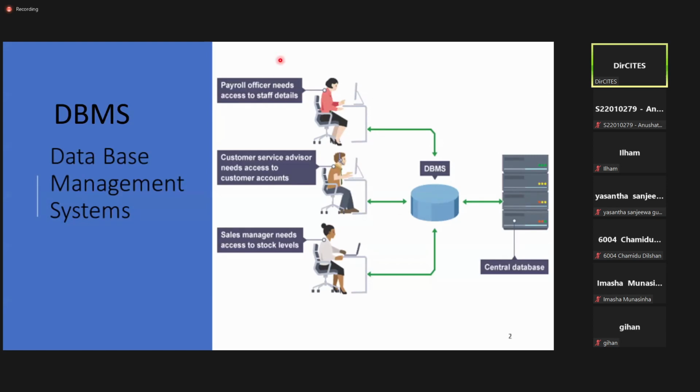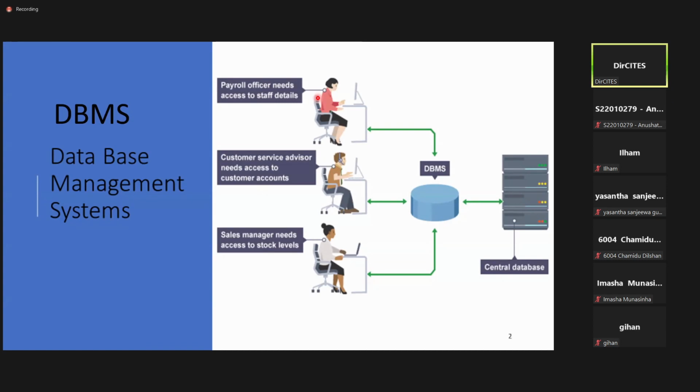The payroll officer doesn't need any details about sales. He needs access to staff details, because he needs to calculate the payroll, so the DBMS provides the access the payroll officer needs.